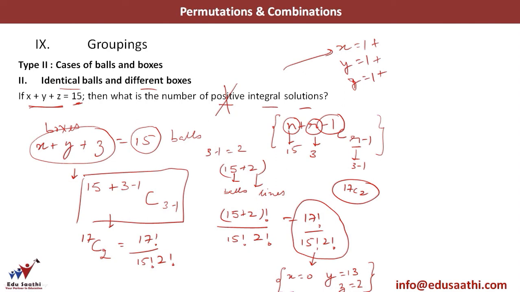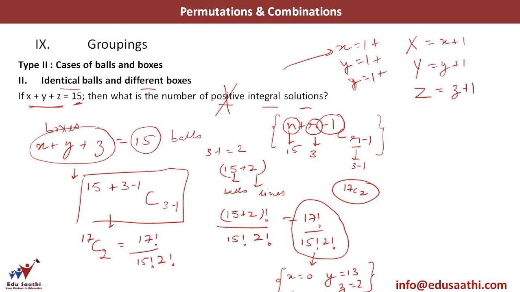So this question can be reframed. Let's say there are 15 identical balls to be placed in 3 boxes such that there is at least 1 ball in each of the boxes. Both these questions are the same. How do we solve these kinds of questions? Let's assume that capital X is small x plus 1, capital Y is small y plus 1, and capital Z is small z plus 1.